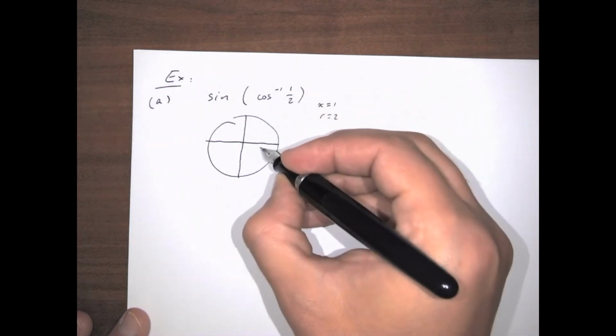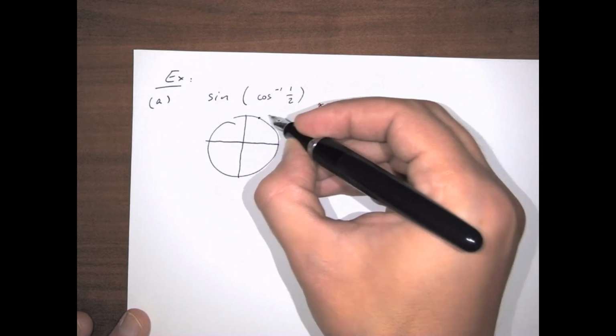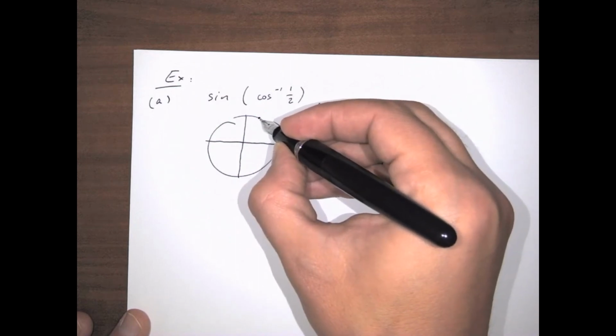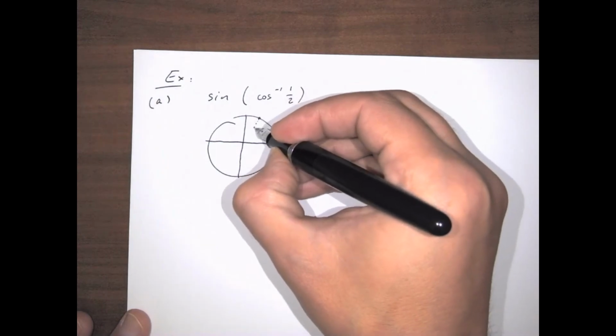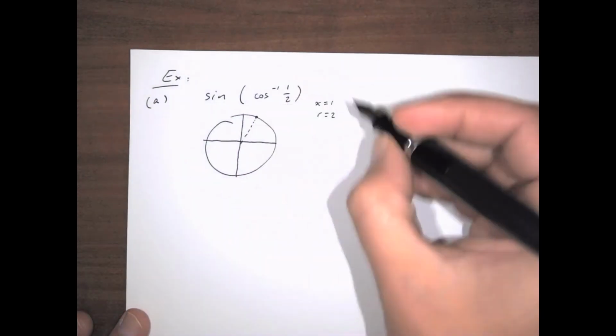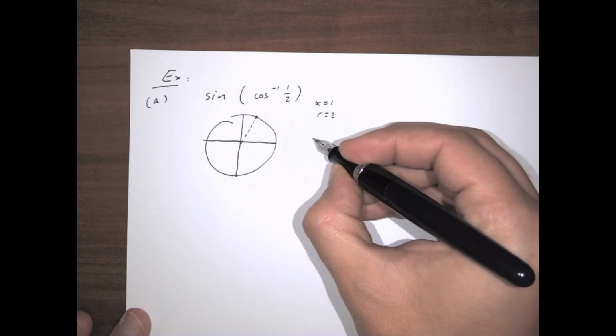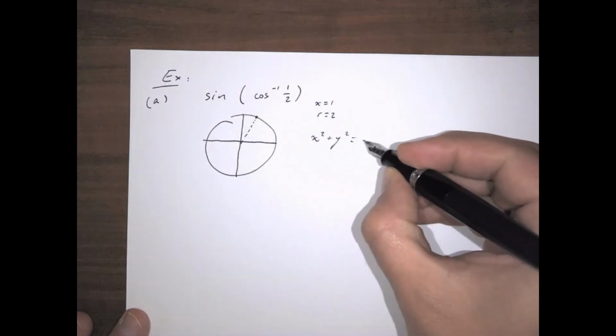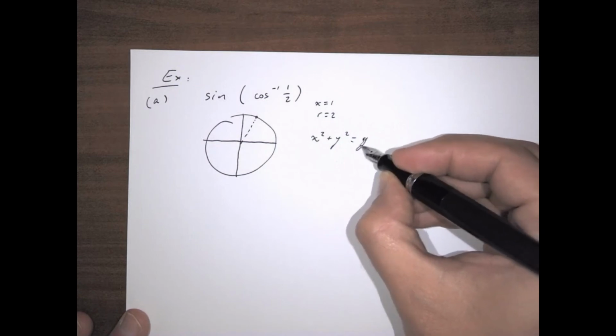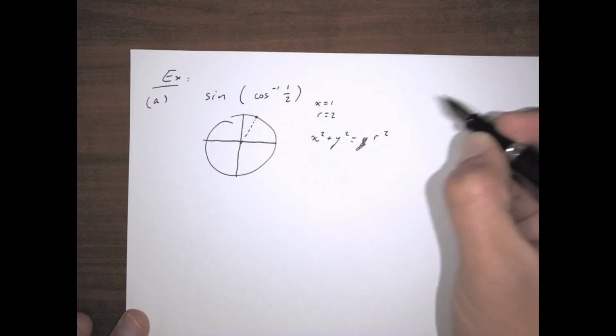And then that would be putting us like right here, let's say. And then, of course, x squared plus y squared equals r squared, the classic Pythagorean theorem, in circle form.